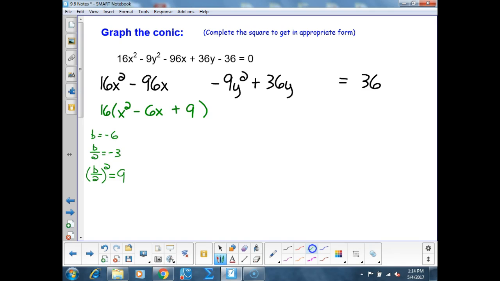Which is 144. Okay? So I have to add 144 to the other side. Because that 9 is inside that parentheses being controlled by that 16. So 16 times 9 is 144. Okay. The green then factors down to be 16 times the quantity x minus 3 squared.